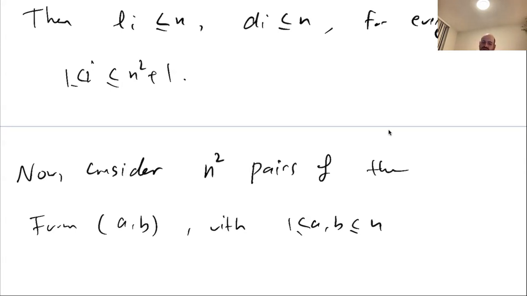How many boxes do we have then? How many pairs do we have of the form A and B where A and B are between 1 and n? If A is between 1 and n, that means I have n options for A. If B is between 1 and n, that means I have n options for B. In total, by the product rule, I will have n times n, or n squared, options for a pair of the form A and B. Remember, if I have n options for the first object and n options for the second object, then in total I'll have n squared pairs of this form.